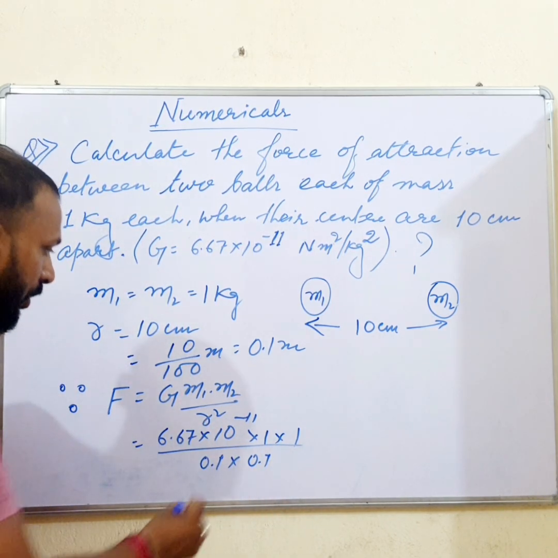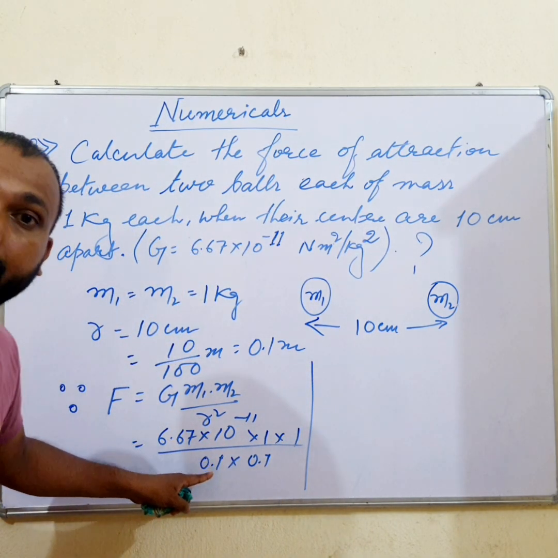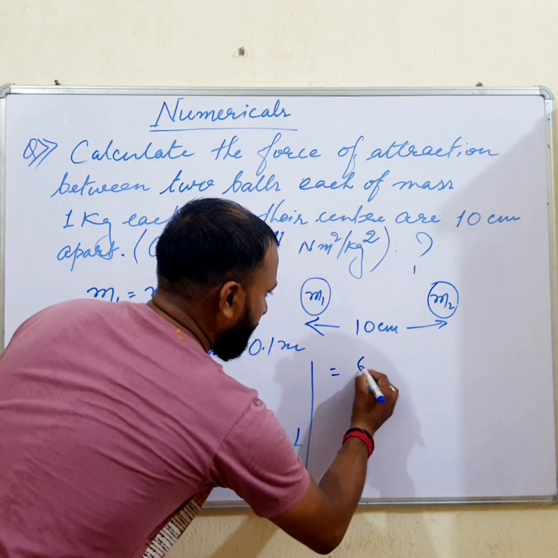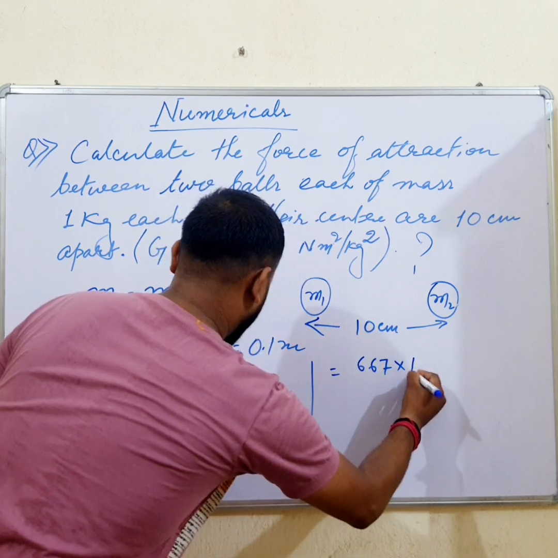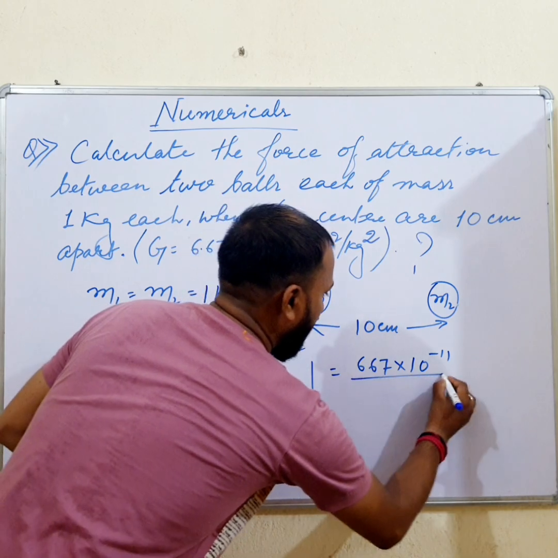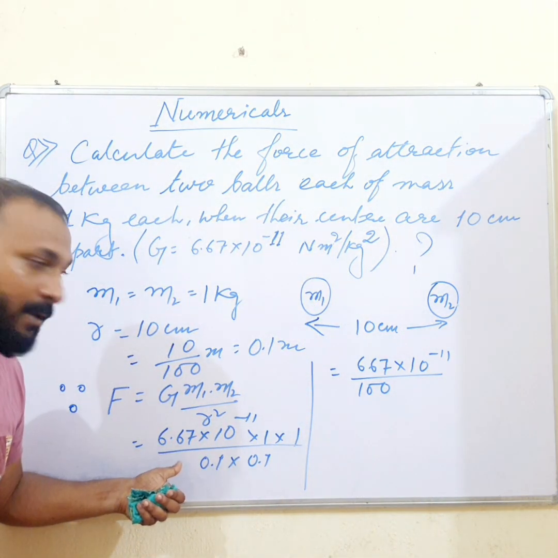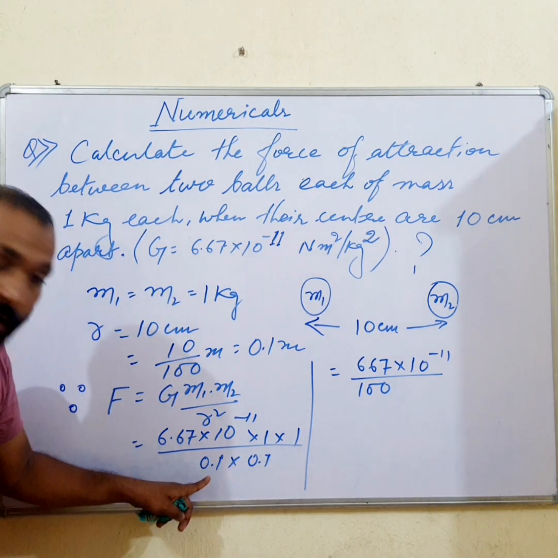Now first of all, we have to remove these decimals. Here will be 667 into 10 to the power minus 11 divided by 100, because we have removed this decimal. After that, here is one dot, here is one dot, these two dots also are removed.